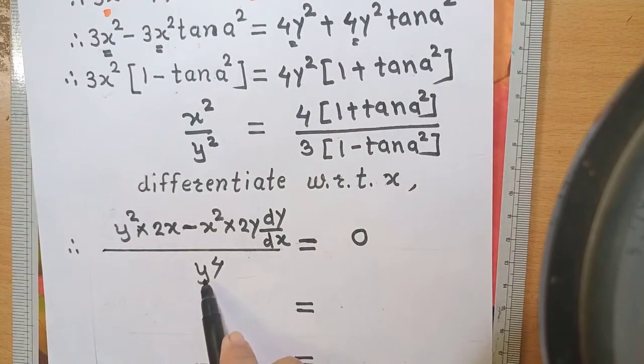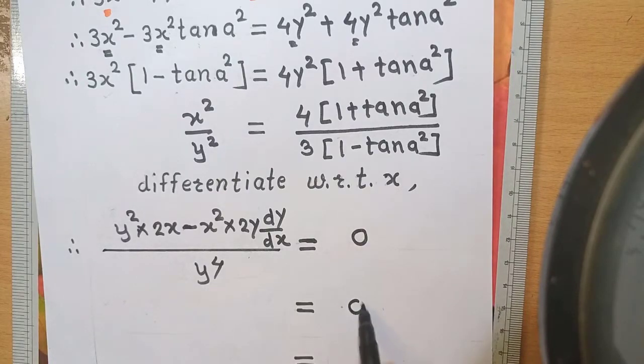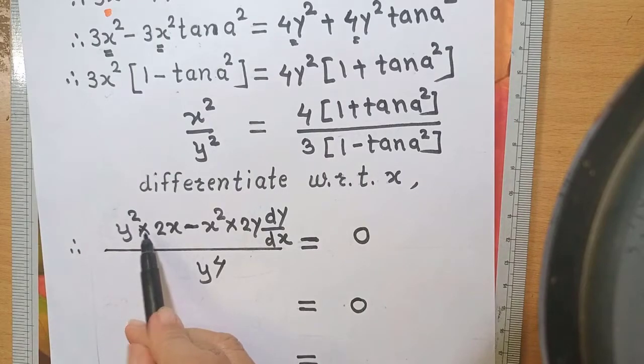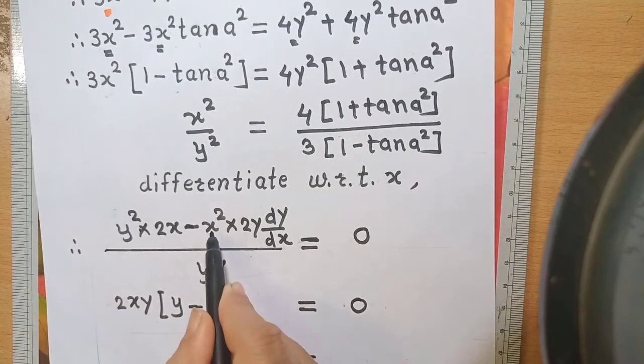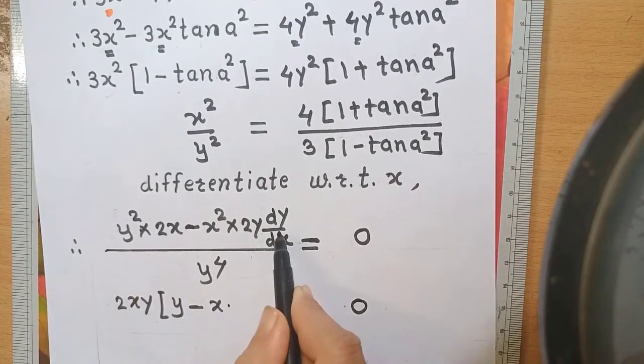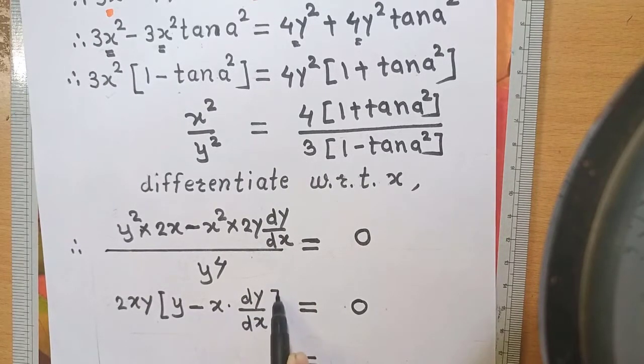After that move this y raised to 4 on the RHS. So 0 into this is 0, and from the numerator we will take 2xy common, and here what is remaining is only y minus only x, and again take this dy by dx.